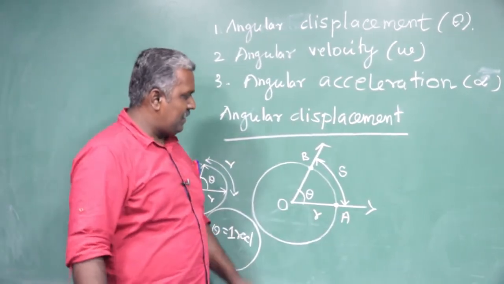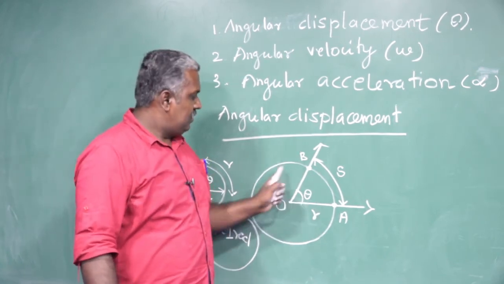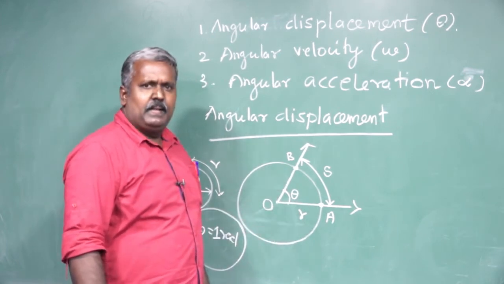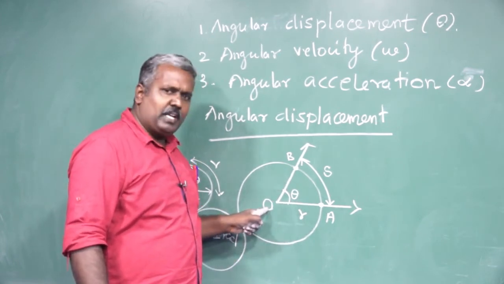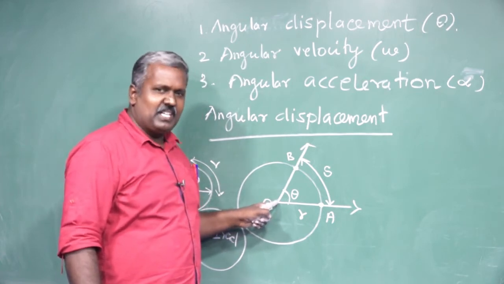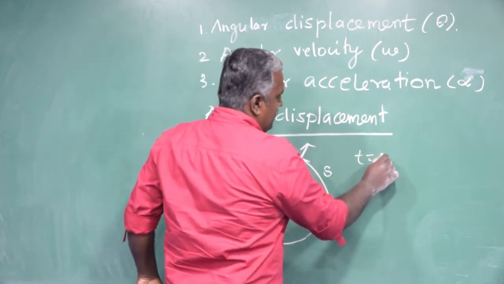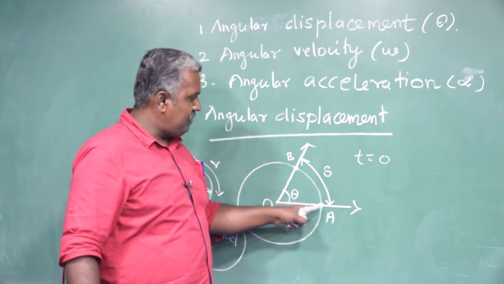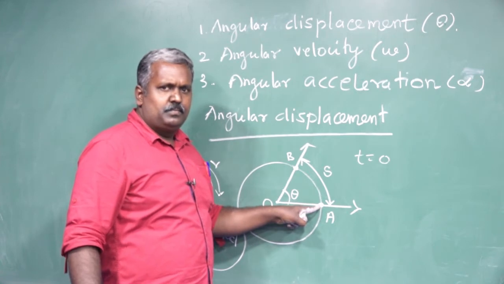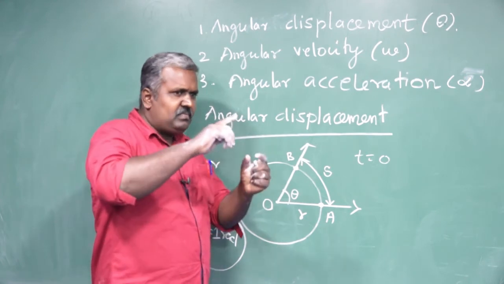Similarly, let us consider a particle traveling along a circular path around the point O or about the axis of the circle. At time t is equal to 0, what is the position of the particle? Very good, point A, the starting point. Now take a stop clock.